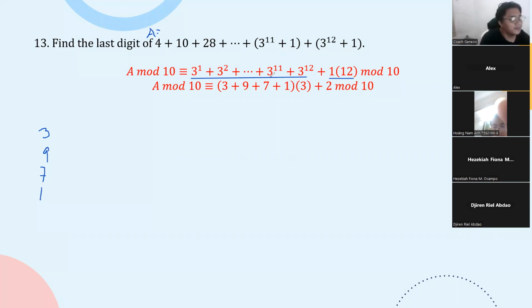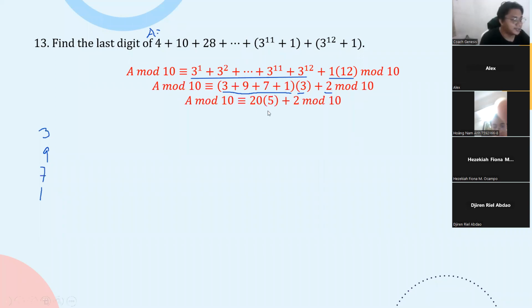Since we have 12 consecutive powers of 3, we have 3 sets of 3, 9, 7, and 1. So you have 3 plus 9 plus 7 plus 1 times 3, and then 1 times 12 is 12. However, 12 under modulo 10 is 2.